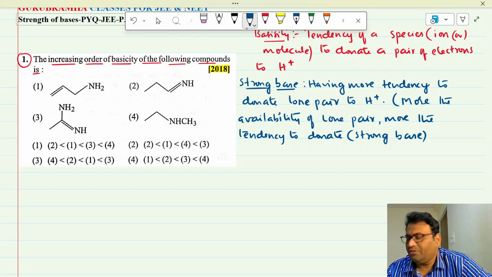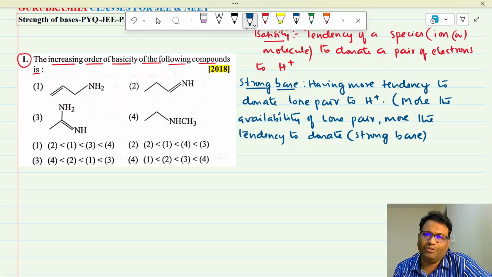You have to remember that more availability means more tendency to donate, so a stronger base; less availability means less tendency to donate, a weak base. From these concepts, we are going to solve the questions from JEE Mains PYQ. Let us see.